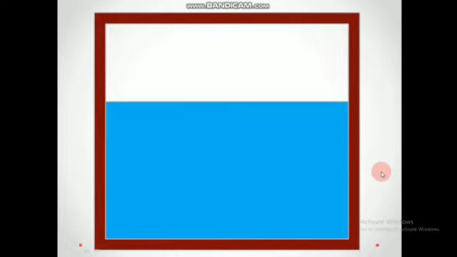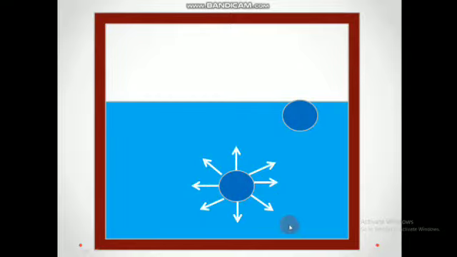If you consider that as a whole, this particle in the bulk will have interactions in all directions. All around this particle, it has other molecules, and those particles will be attracting it towards them. So a particle in the bulk will experience force all around it.